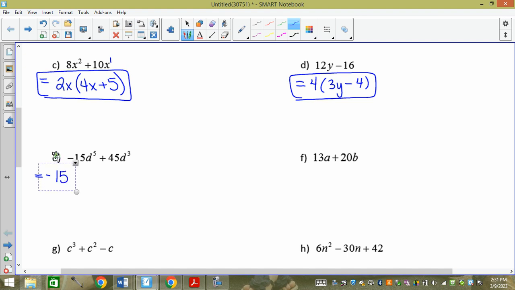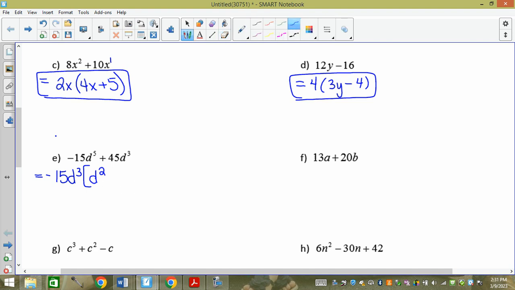d to the 3, because it's the smallest one. And then I get negative 15 divided by negative 15 cancels. d^5, take out 3 d's, I'm left with d squared, plus 45 divided by negative 15 is negative 3. So could I go plus a minus, or should I just write minus? Minus.